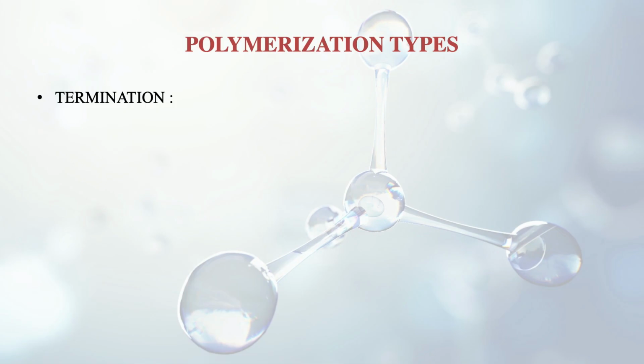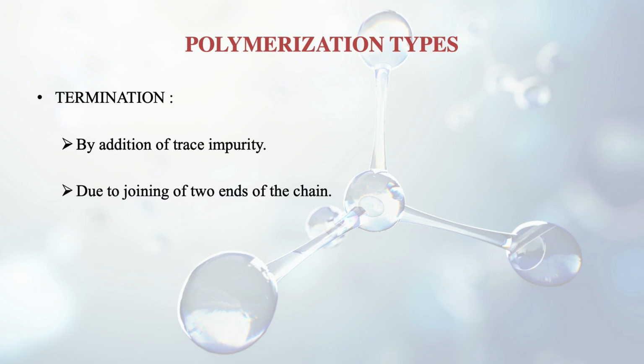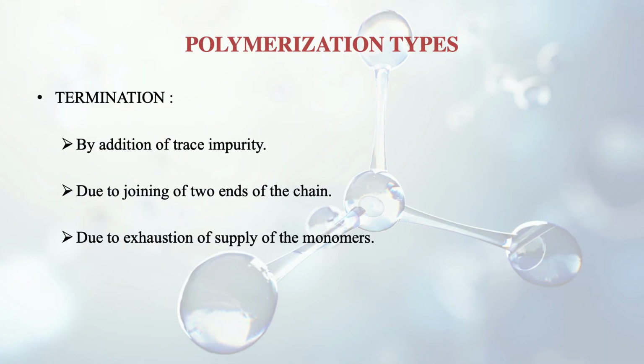And now how do we terminate this process? We can terminate it by adding a small trace of a certain impurity, or by joining the two ends of the chain. Suppose the chain has been formed and there are two ends and you join them, so they will be blocked and cannot join another molecule. The third point in termination is that the supply of monomers is exhausted.